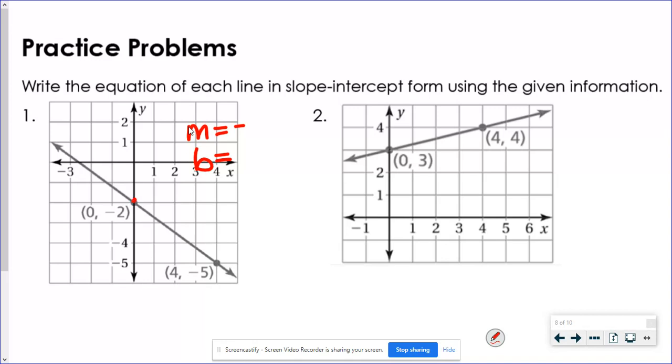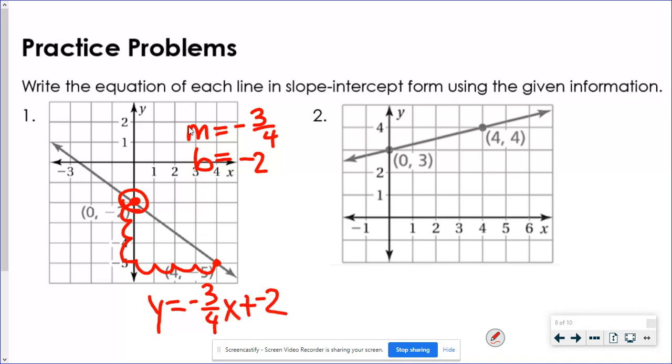To go from this point to this point, I'm going down 1, 2, 3, and I'm going sideways 1, 2, 3, 4. My slope is negative 3/4. The y-intercept is where it crosses the y-axis, which is right here at negative 2. So my equation is just going to be y equals negative 3/4 x plus a negative 2, or minus 2.